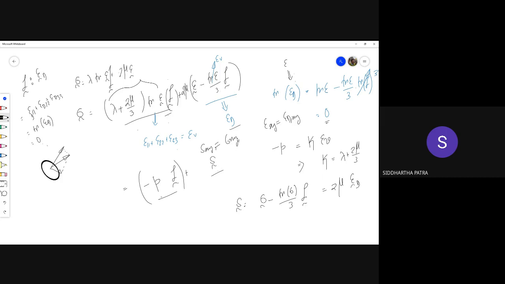Now we know, and this is true for any shear component, sigma xy is G times gamma xy, G being the shear modulus and gamma being the shear strain. Now, gamma is twice epsilon xy.